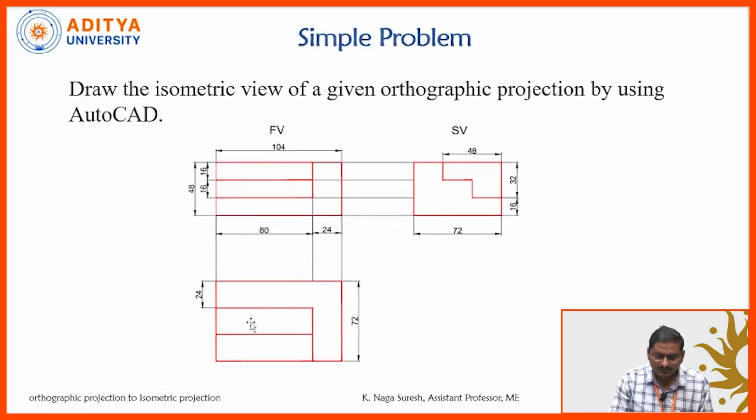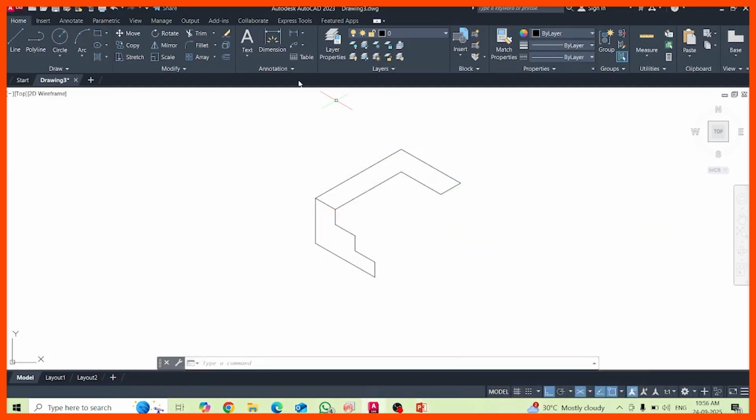Next, in this top view, the stairs are also visible. Take the polyline and change to the isoscale angle. The height of the stairs is 16.